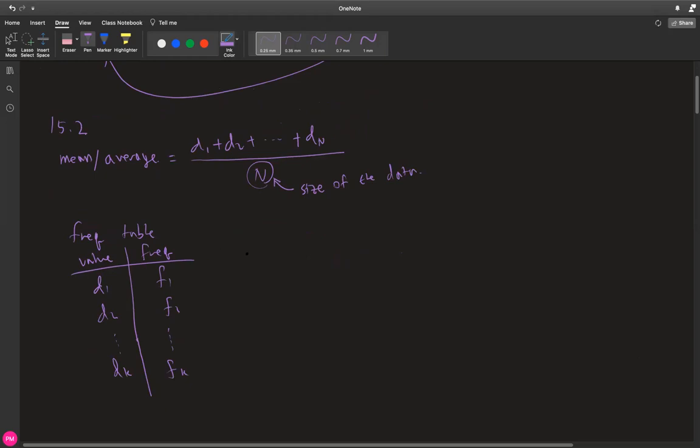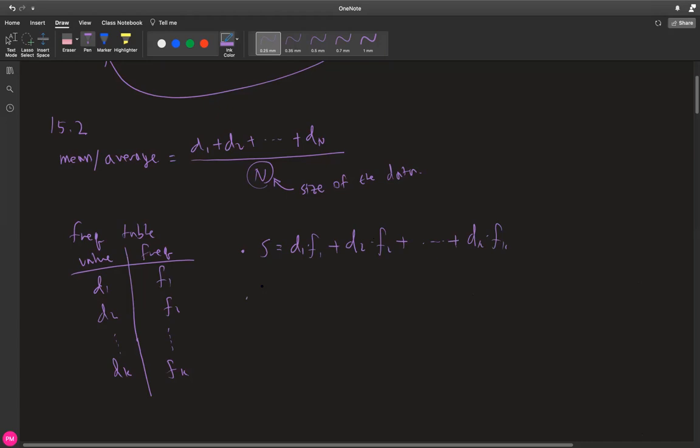Then you find the average in 3 steps. First, you find the sum of all the data by multiplying D1 by F1 plus D2 by F2, so you're multiplying the corresponding data by the corresponding frequency, all the way up to Dk multiplied by Fk.